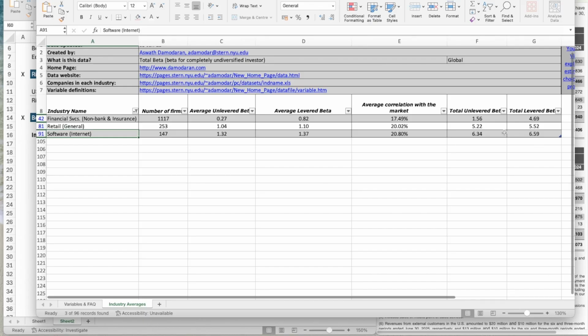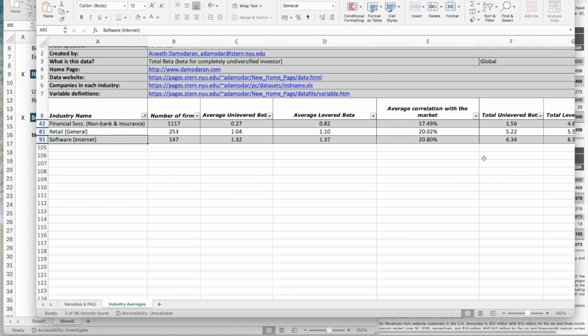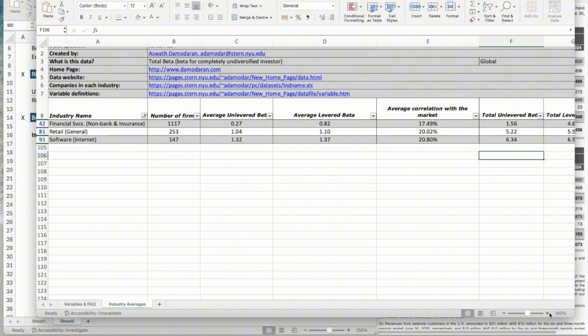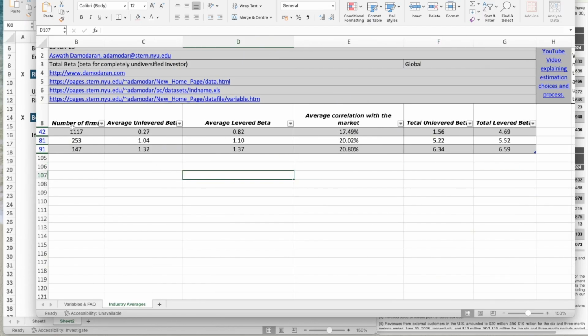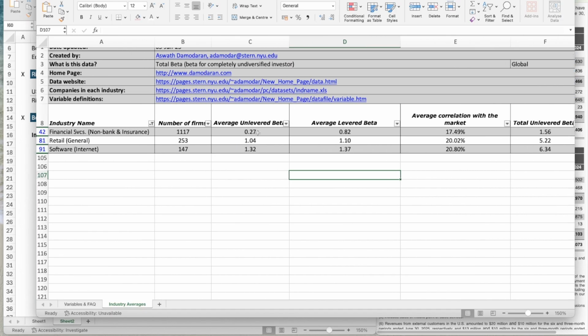We don't need the levered because we're doing free cash flow to the firm. This company doesn't pay a dividend, so we're going to use the unlevered beta. So no, we don't even need this. We just need the average unlevered. Here we are. Yeah, that one. So financial services, retail, and software internet.